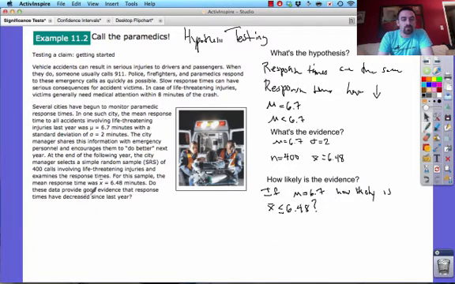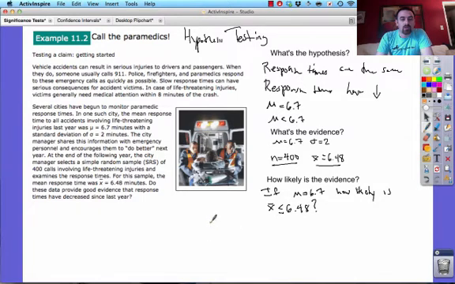Okay, well, here's how we're going to do this. First of all, we have a sample size of 400, and we're talking about a sample mean of 6.48. We also know that the original distribution had a mean of 6.7 and a standard deviation of 2, so we're going to look again at a sampling distribution of the sample mean.